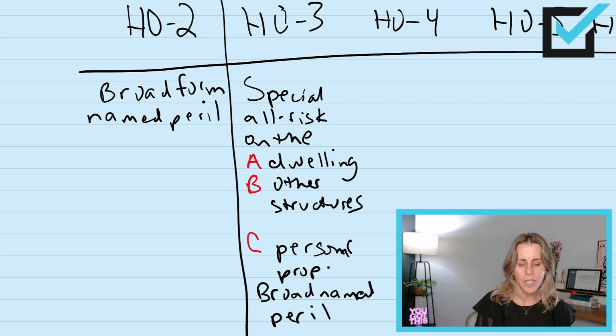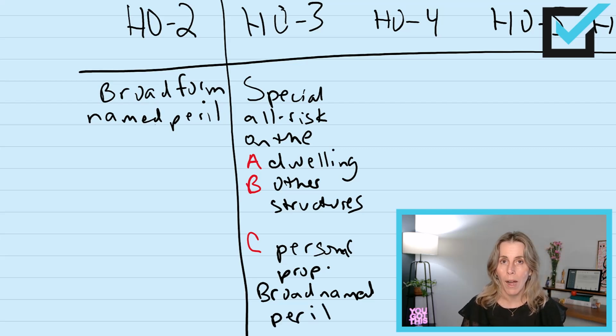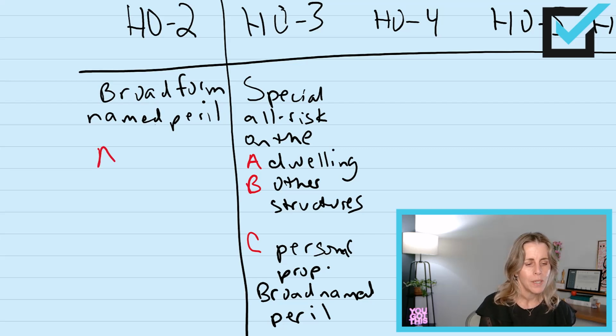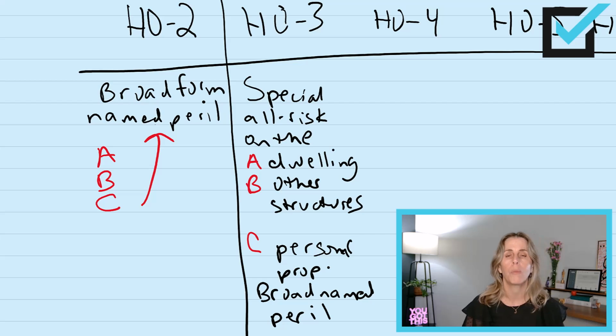So when we're talking about an HO2, coverage A, B, and C are all broad named peril. The HO3 is special only on the dwelling and other structures. It is named peril on the contents.